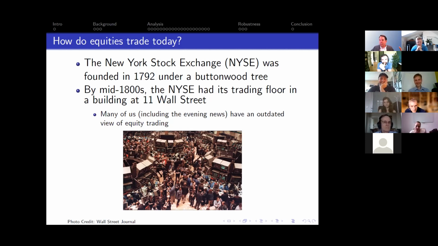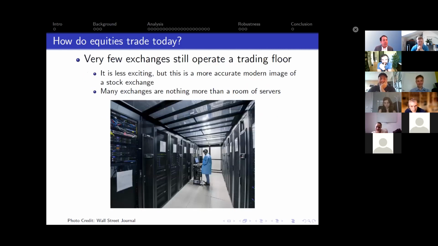So you still get this perspective that floor trading is a big deal, when in fact, I would argue, a much more accurate view of what exchanges look like today, maybe not as sexy, is a bank of servers in New Jersey, not an open outcry pit on the floor of 11 Wall Street.